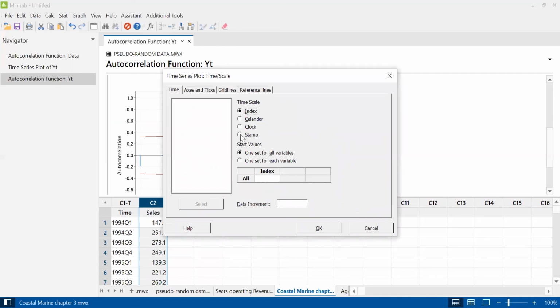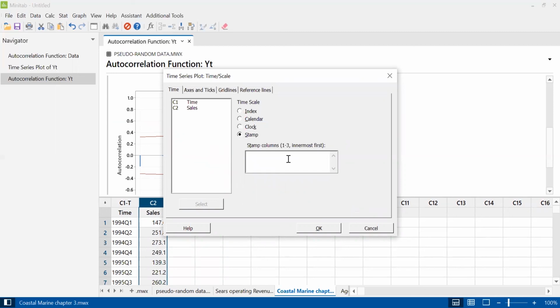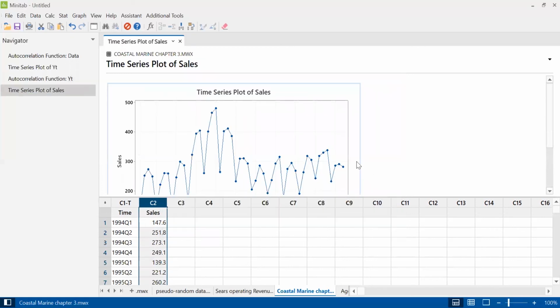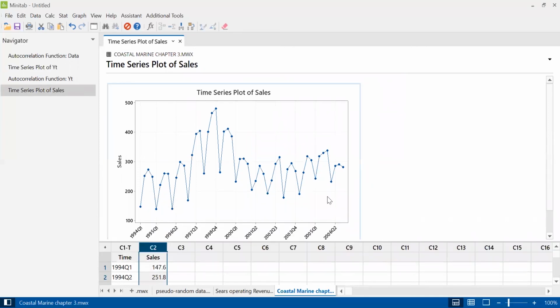We want to pick Stamp, and the stamp is just the label for the x-axis, and the label is provided in time. That's the variable. So we want to double click on it, then click OK, and OK again. Okay, then there we go. We've got the time series plot with the labels for the x-axis.